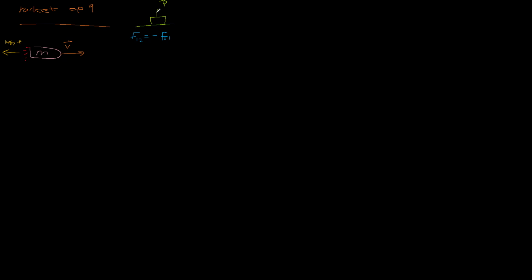If I throw an object, this object is going to have some momentum now. And in order for the total change in our momentum to be conserved, I'm going to have to pick up some extra momentum in the opposite direction to cancel out the momentum of the object I just threw. So that's exactly what's going on here.